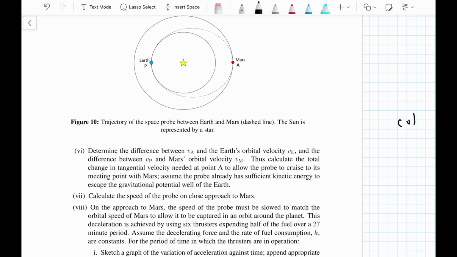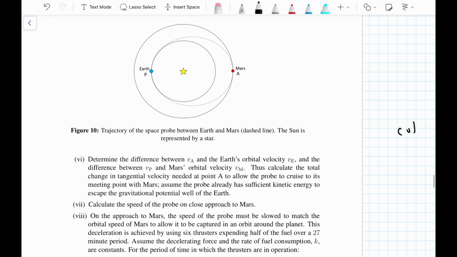Okay, so technically, velocity needed at point A. Technically, the second part of this small question is just wanting us to calculate the difference between VA and VM using the constants.